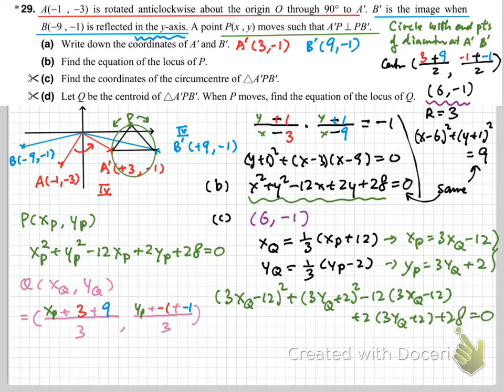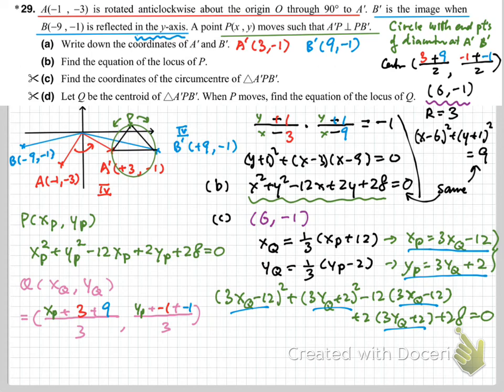Alright, I just replaced the xp and yp with the corresponding expression in xq and yq. And finally, the exercise is to simplify this green equation. It's a very tedious, long equation, right? You try to simplify all of them, and now you may wish to pause the video a while and try to do the simplification. I will tell you the answer right away.